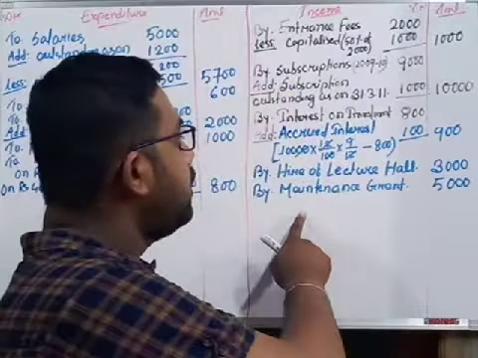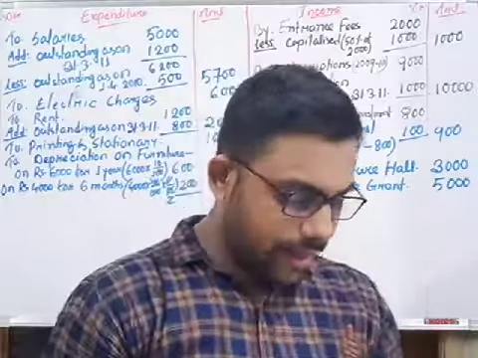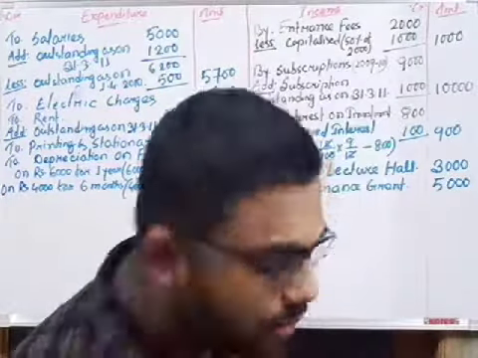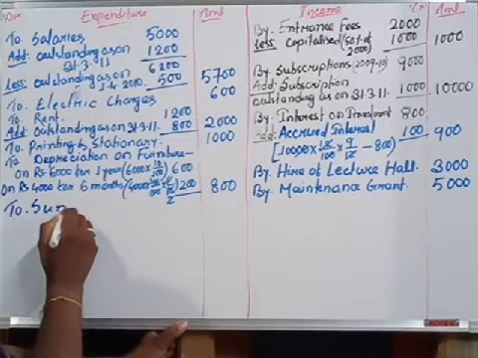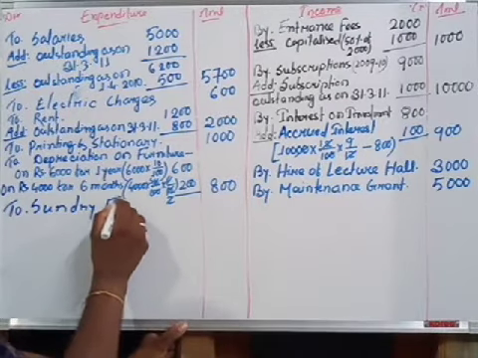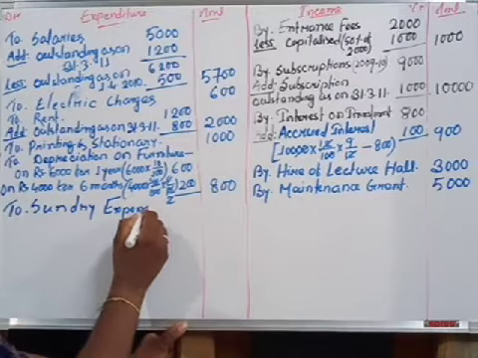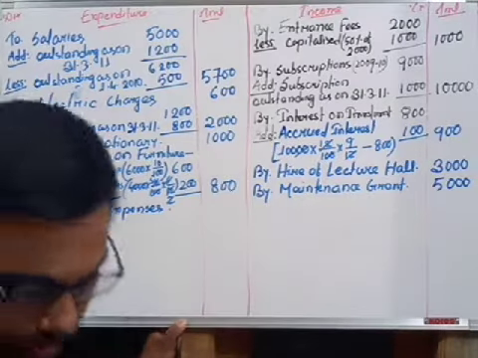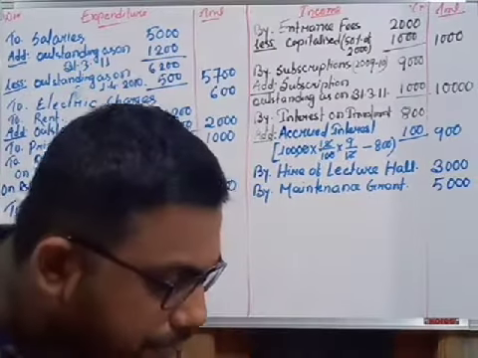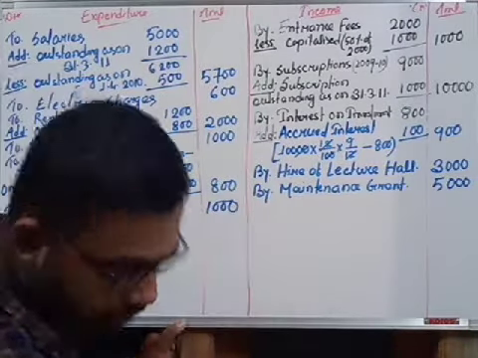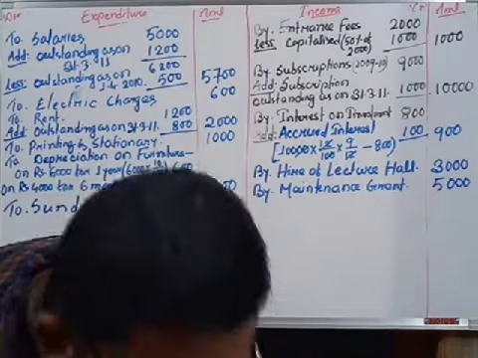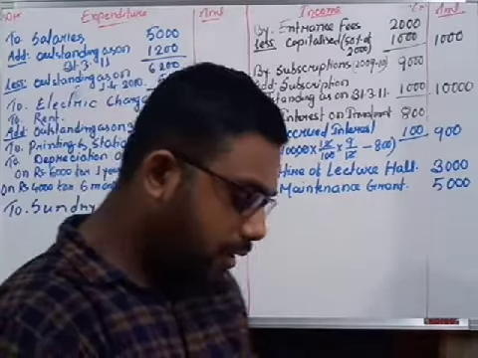That we have already written on our income side. Next, to sundry expenses, and the amount is rupees 1,000.